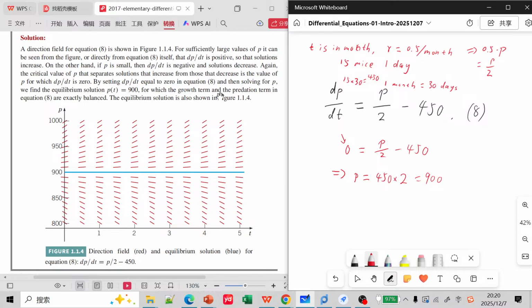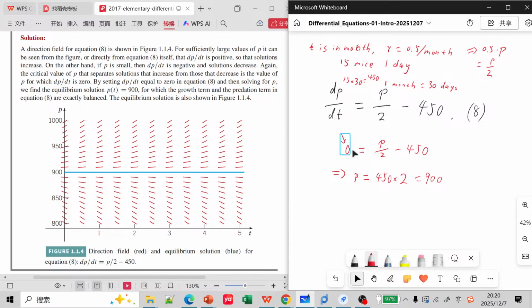For this value, the growth term and the predation term in equation A are exactly balanced. The left term is the growth term because the population grows, and the second term is the predation term because the owl eats the mice.